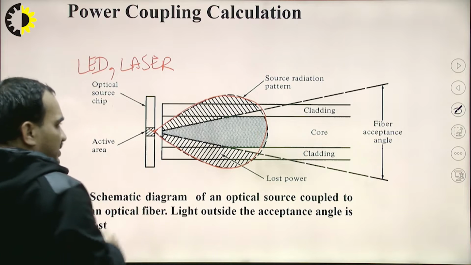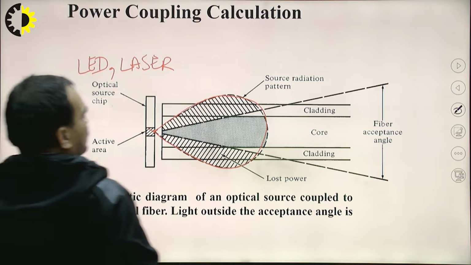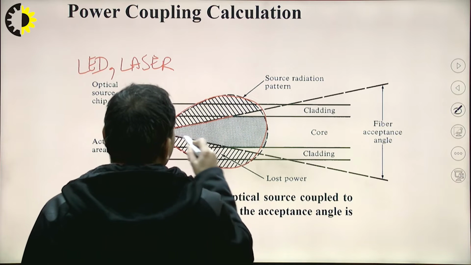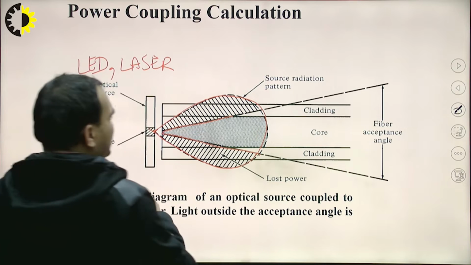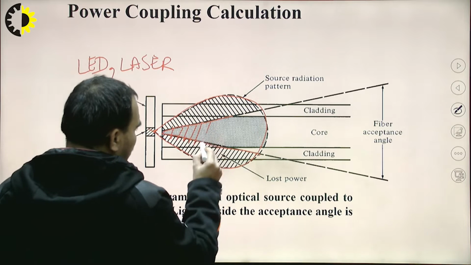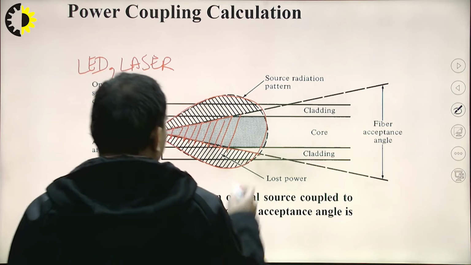Now we know that we have the acceptance cone of the fiber. If we have the acceptance cone shown by this, we can see the overlapping region. So the overlapping region of the intensity distribution and the acceptance cone is this much only.